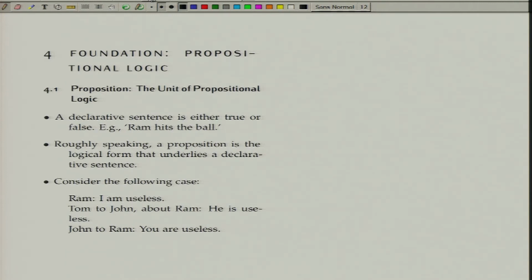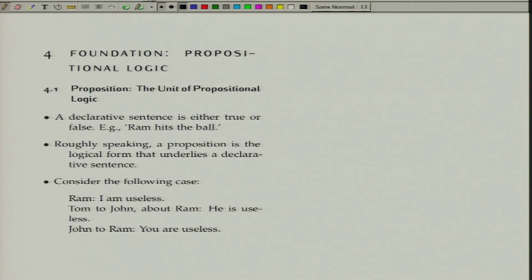For example, the moment you say that Ram hits the ball, it is either true or false. In most of the cases, either Ram hits the ball or not. But this sentence is not the proposition, although the proposition is represented by this sentence. Roughly speaking, a proposition is the logical form that underlies a declarative sentence. Consider the following sentences.